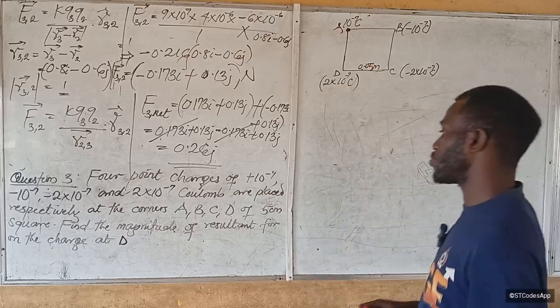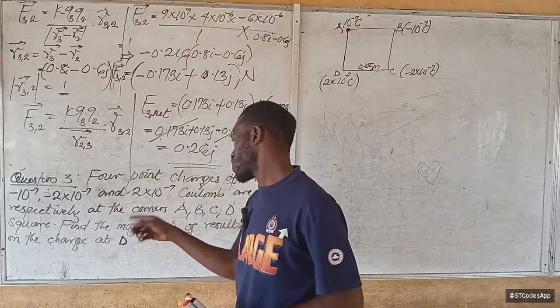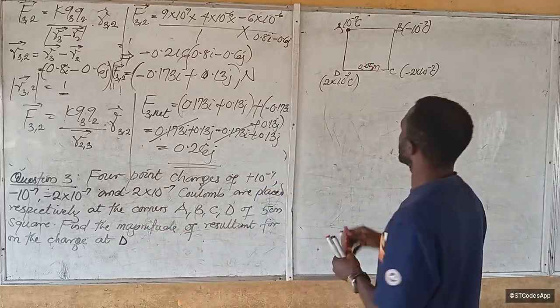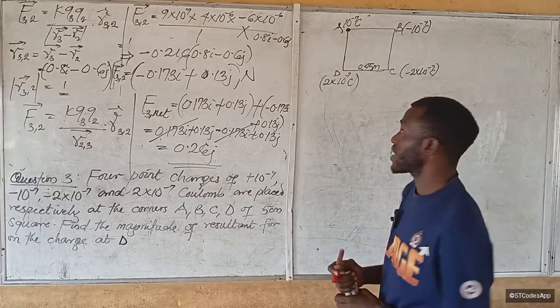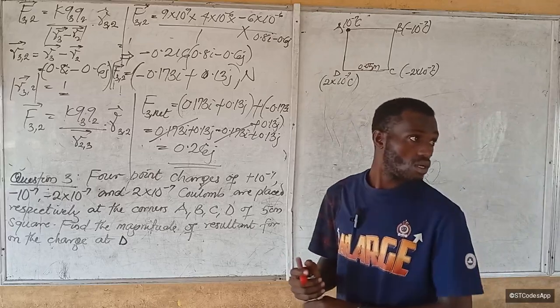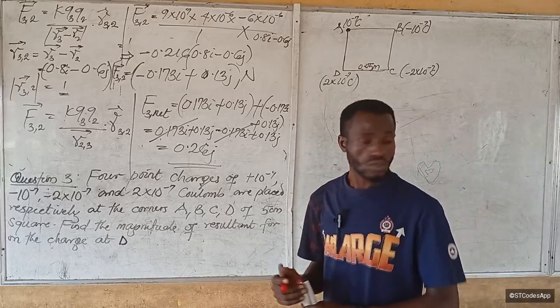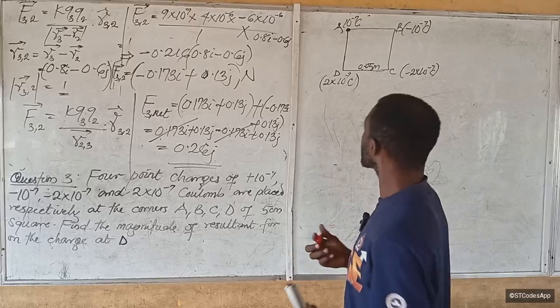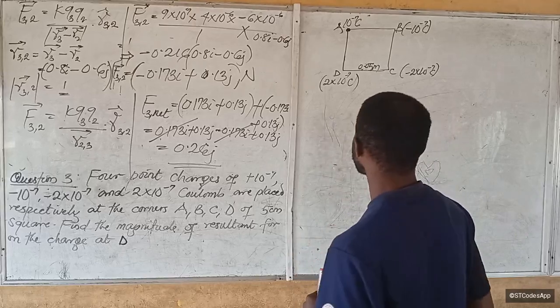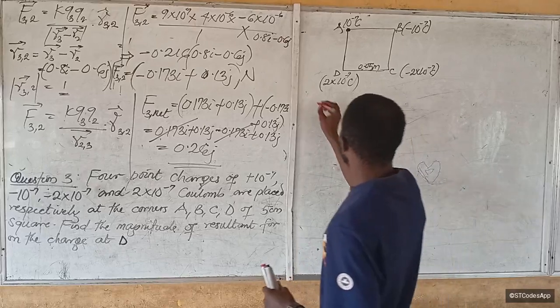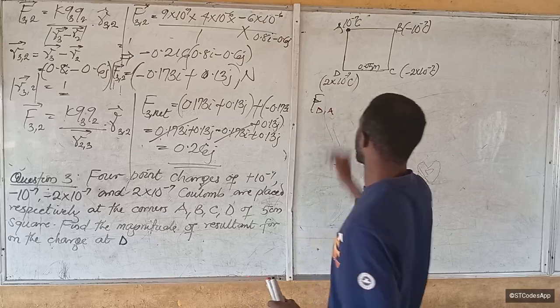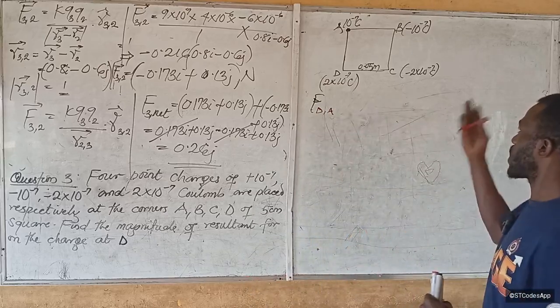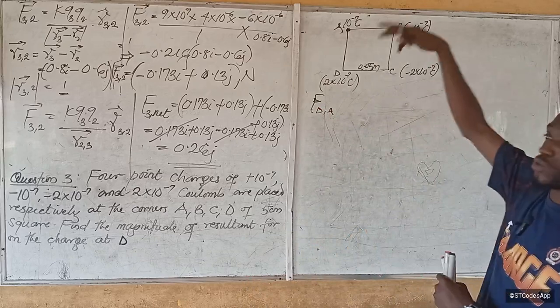Find the magnitude of the resultant force on the charge D. So let's find the magnitude of the resultant force on this charge D. Okay, let's start with the force on charge D due to charge A. Let's go in alphabetical order.